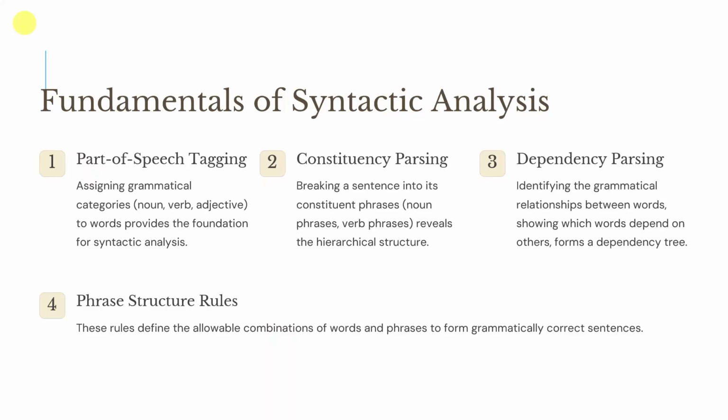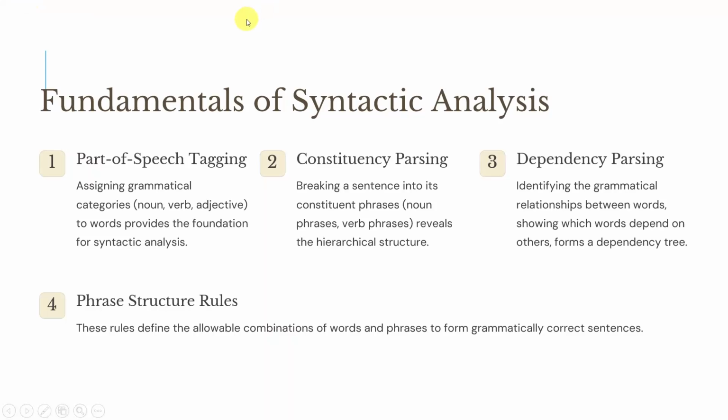Statistical parsing, after mapping the words with the labels, that means words with the POS tagging, has to identify the relationship between the words mapped with labels. So the underlying grammatical relationships of the words will be determined by using statistical analysis.